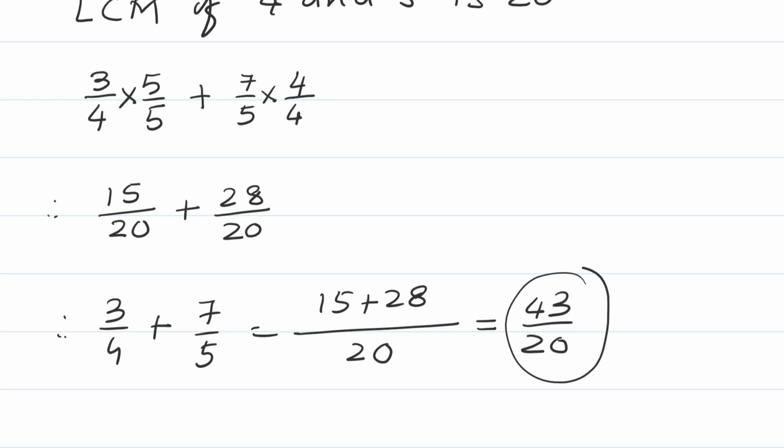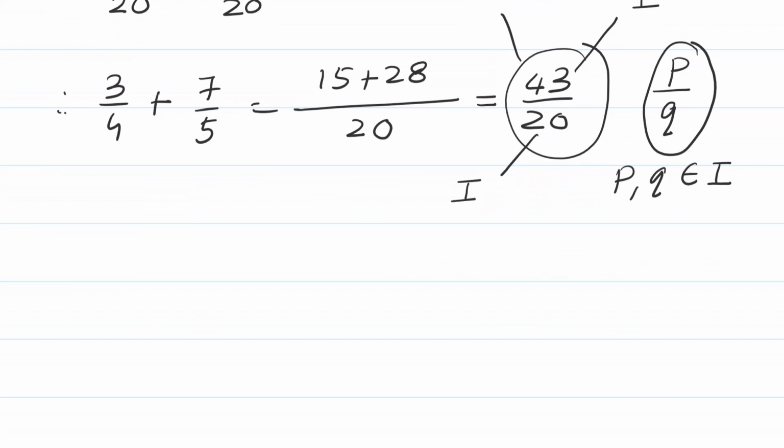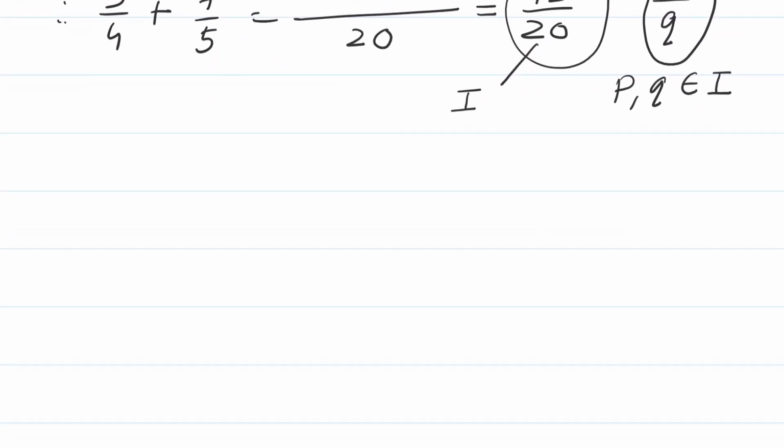And 43 upon 20 is a rational number. Any number in form P upon Q where P and Q are integers and Q not equal to 0 is a rational number. So 43 is an integer, 20 is an integer, and therefore 43 upon 20 is a rational number. So this is verification of closure property of addition of two rational numbers.